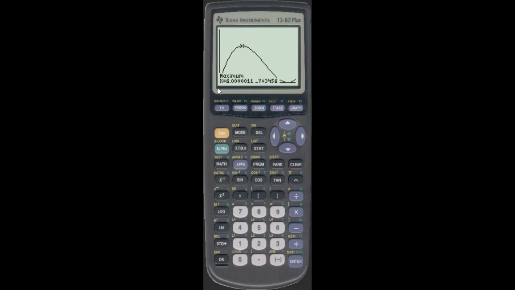And there it is. Now, sometimes you get 0.00011, or it'll say 5.9999999. You have to interpret that. You have to realize that is actually 6. It's not 6 point whatever, 5 zeros and 2 ones. That's the calculator doing some math.